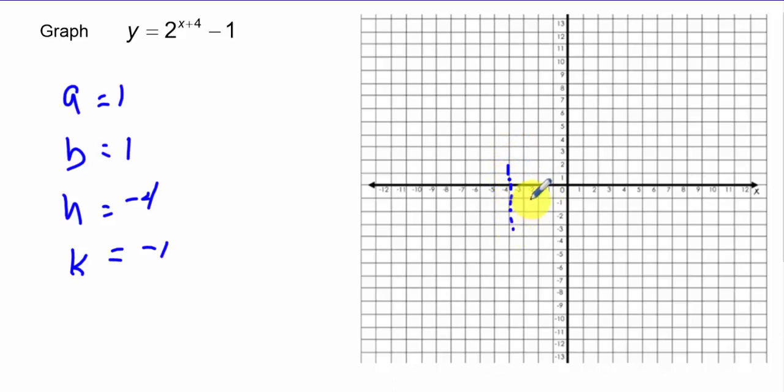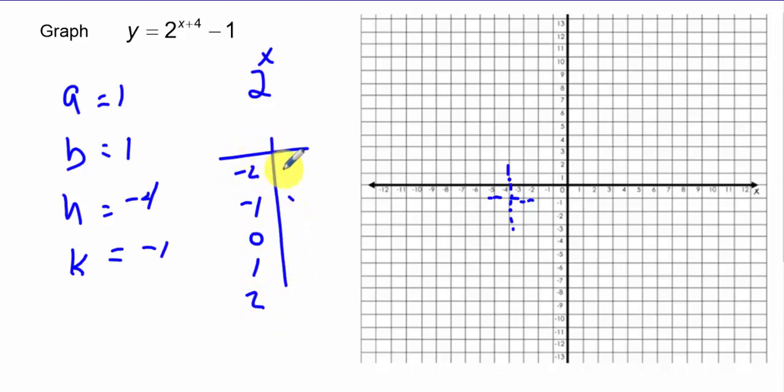Again, I put my little crosshairs. I look at my parent function, which is 2 to the x. -2, -1, 0, 1, and 2 again. Start popping numbers in. I get a quarter, a half, 1, 2, 4 from this new point.